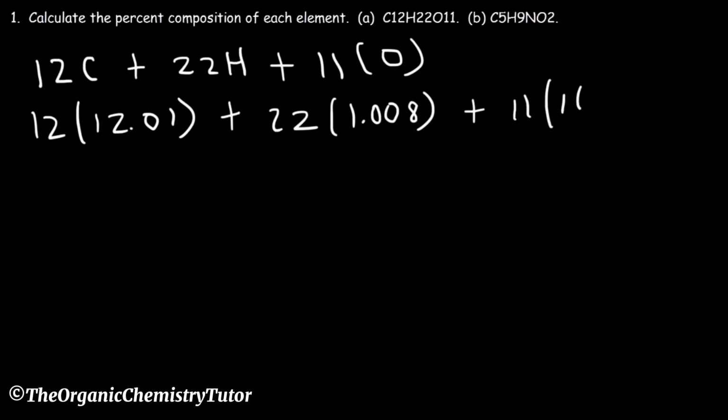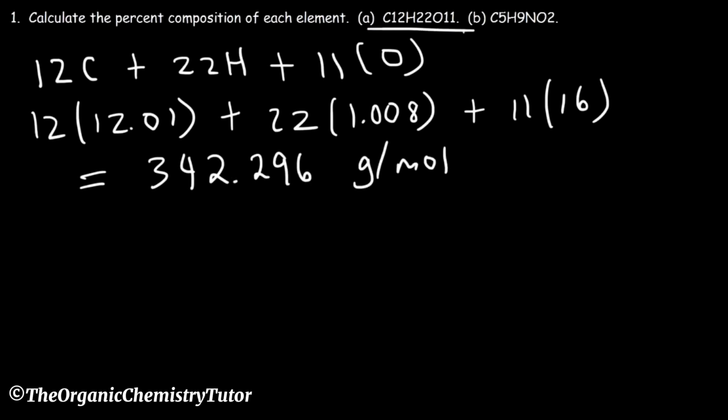Oxygen, 16. If you type this in exactly the way you see it in your calculator, you should get 342.296 grams per mole. So that's the molar mass of the entire thing.